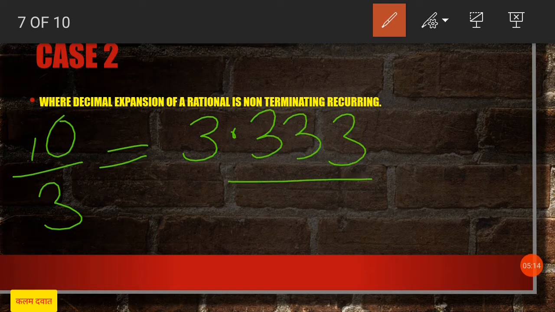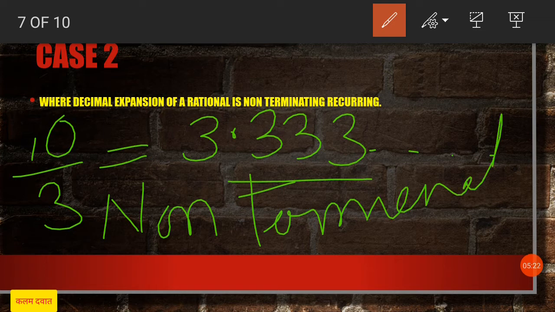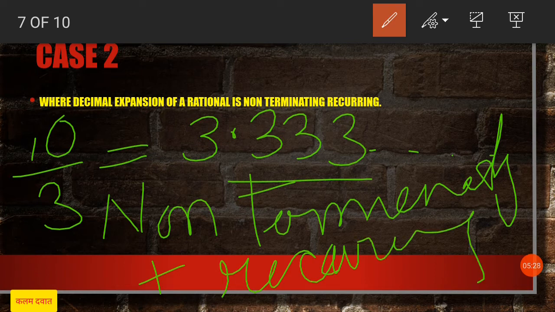In the second case, we are getting a decimal expansion that is non-terminating plus repeating, or we can say recurring. It is said to be non-terminating recurring. So we have understood two cases of rational numbers. First one is terminating, second one is non-terminating recurring.